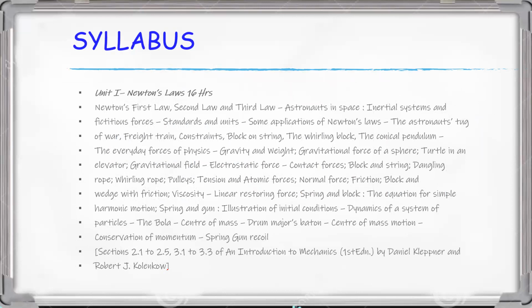Every one of you is familiar with Newton's laws, but from here you should come across how to apply these laws in different practical situations.